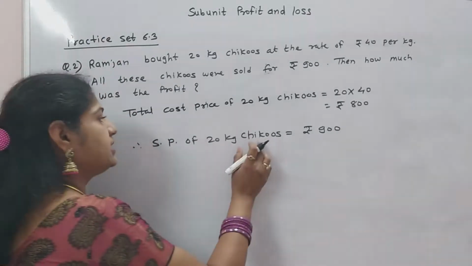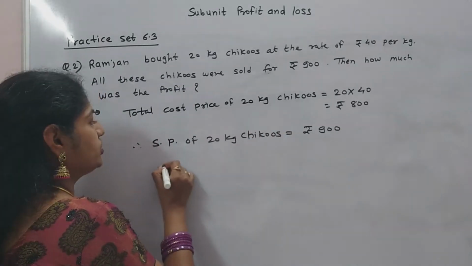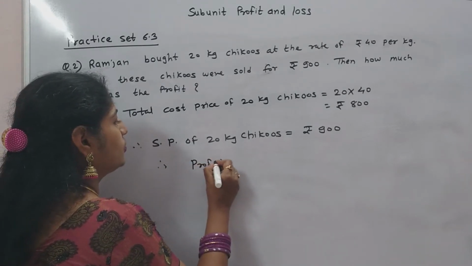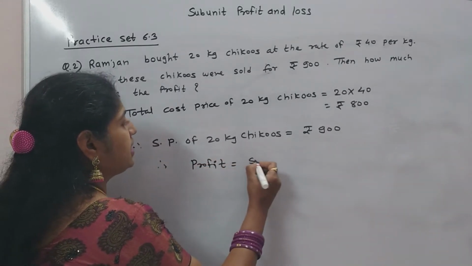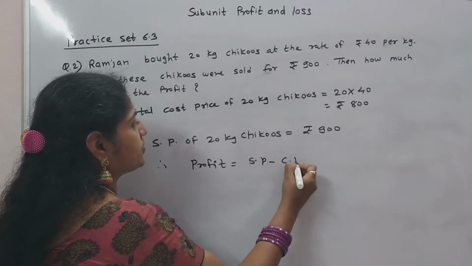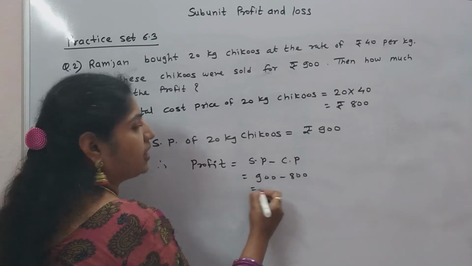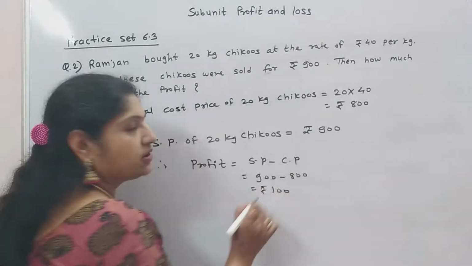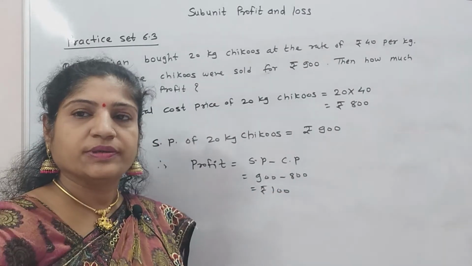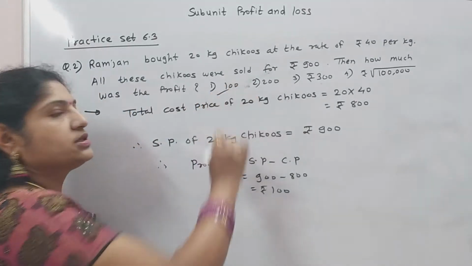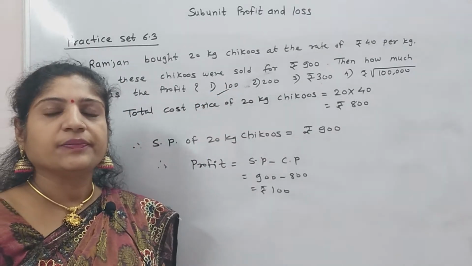Selling price is greater than the cost price, so there is a profit. Profit equals selling price minus cost price, 900 minus 800, 100 rupees profit. Option number 1 is the correct answer, rupees 100.